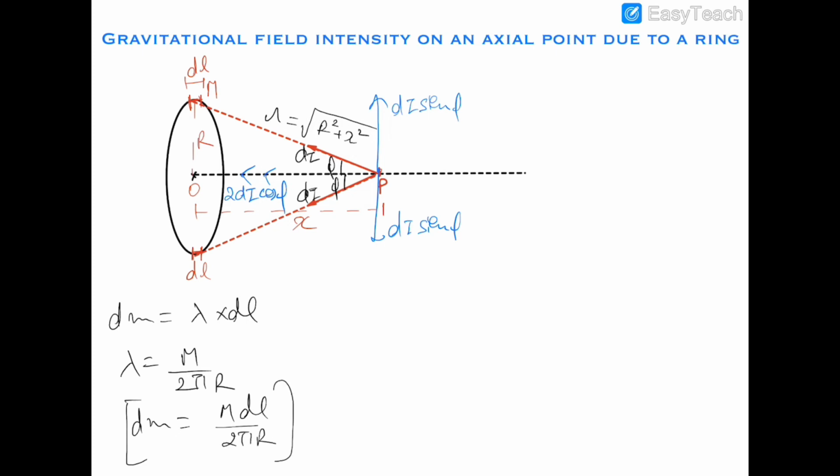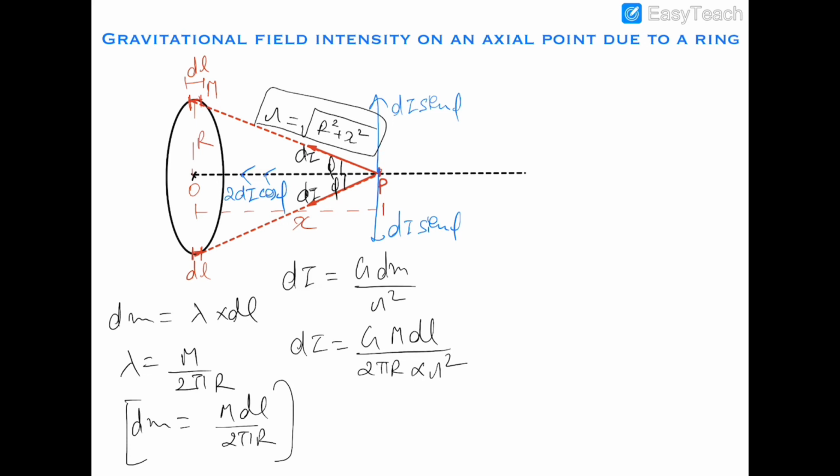So dI will be G dm divided by r square, and dI therefore will be G dm, where dm is m dl by 2 pi r, into r square. You can see that the value of r is not part of the integration because it is constant, as r is constant, capital R, and this x is constant.